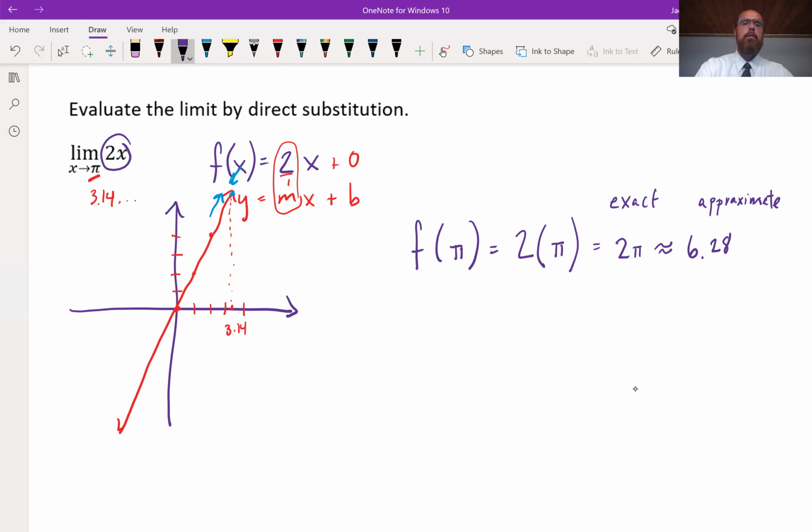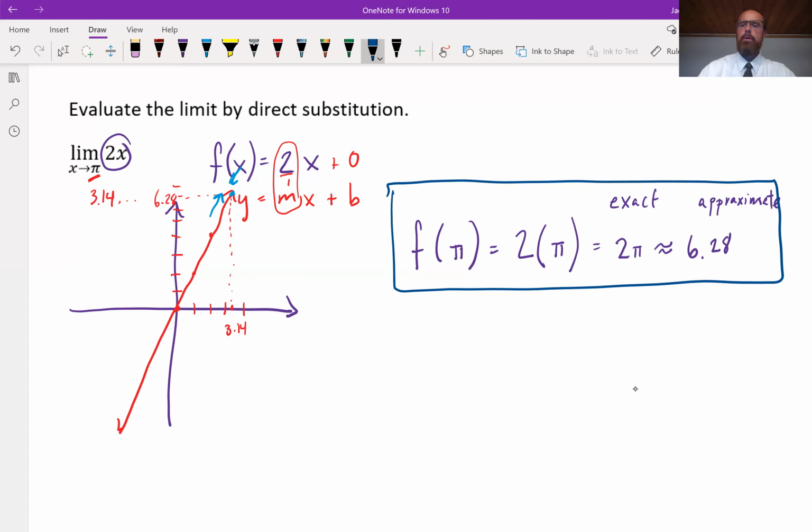If I were to check over here, we had gone up 4, 5, 6. Even from the graph, we can see if I traced over to the y-axis, definitely that approaches 6.28. So we'll box that as our answer. So pretty straightforward examples here to begin with. And a nice way to calculate that limit is just to try direct substitution.